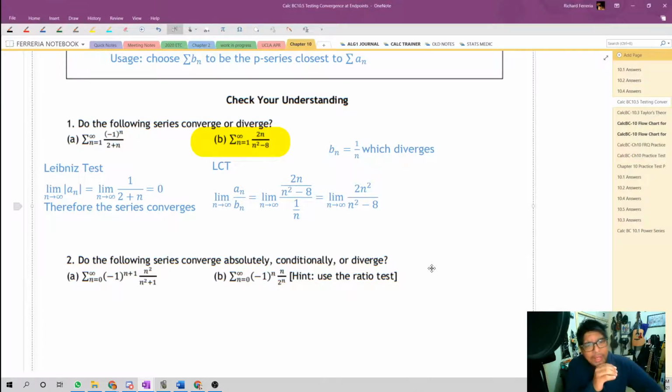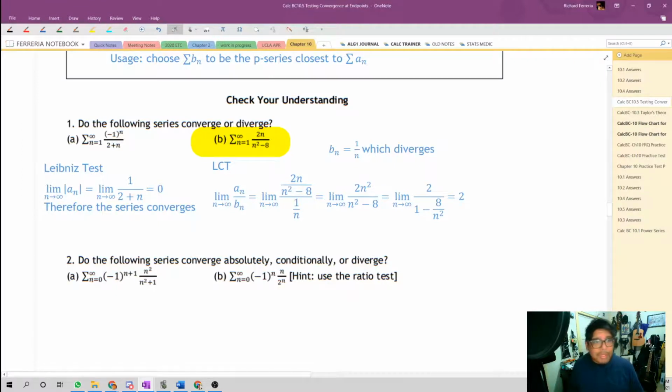I'm looking at that, and I think the correct thing to do here is to divide everything by the highest powered term, which is n squared. Great. So the only thing that's left with an n now is that 8 over n squared, and we know that 8 over n squared trends to 0. So the limit after everything is said and done is 2. 2 is a number between 0 and infinity.